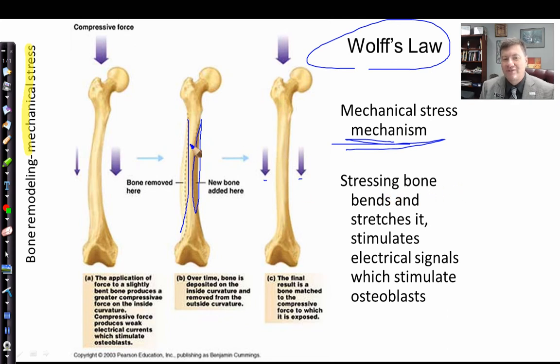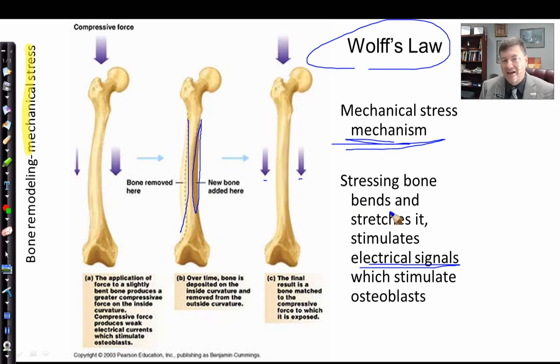On the stressed side of bone, the osteocytes are probably signaling each other through electrical signals. Remember that we have calcium and potassium as the major ions in bone. It's likely that when bone is stressed, we start to send these electrical signals. These ions begin to move in response to the stress.